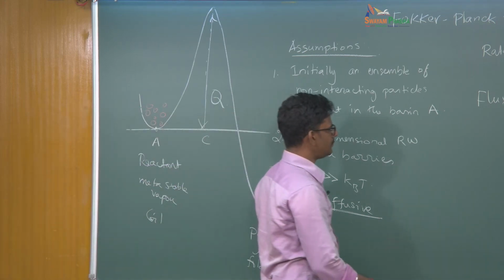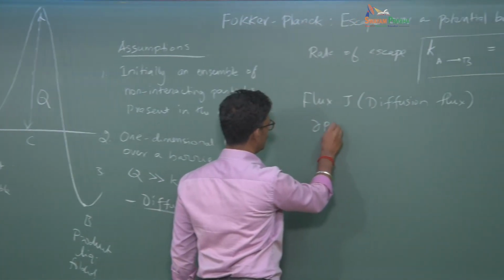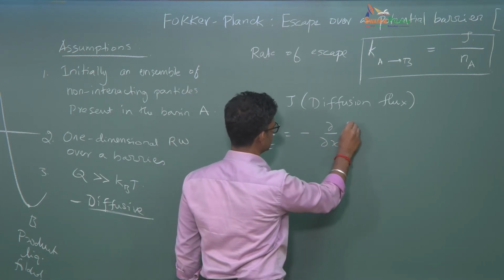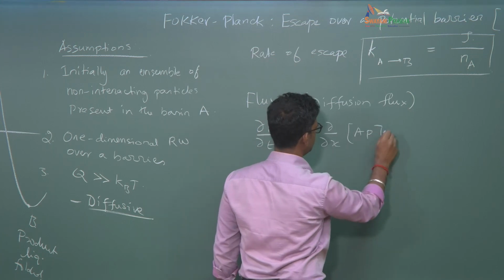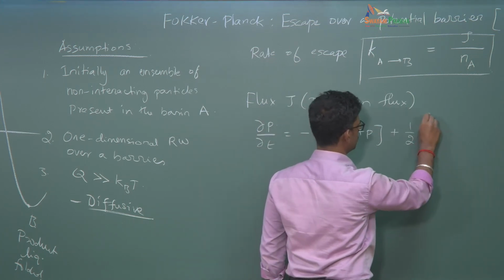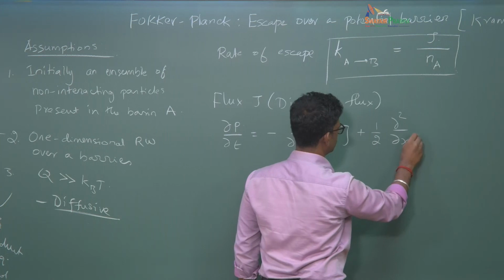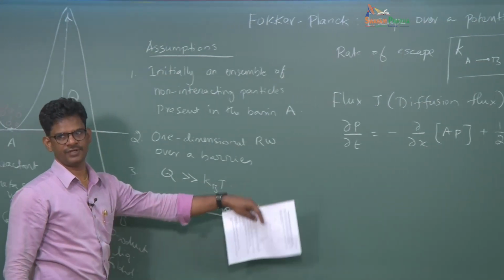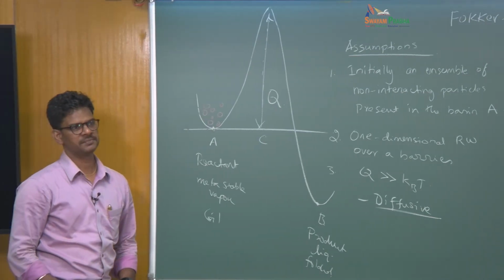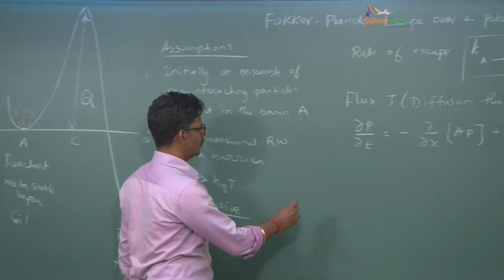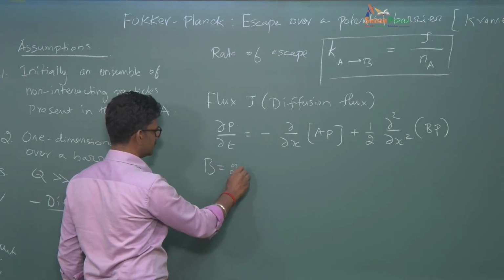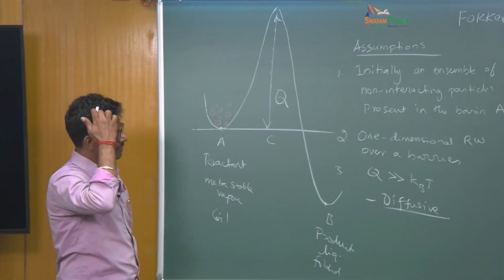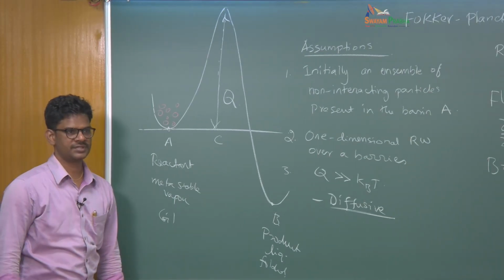So we have ∂P/∂t equal to minus ∂/∂x of (AP) plus 1/2 ∂²/∂x² of (BP). So now for this problem we need to find what are the characteristic constants A and B. So clearly B is 2D because it's a one-dimensional random walk. A is the constant which represents the drift.